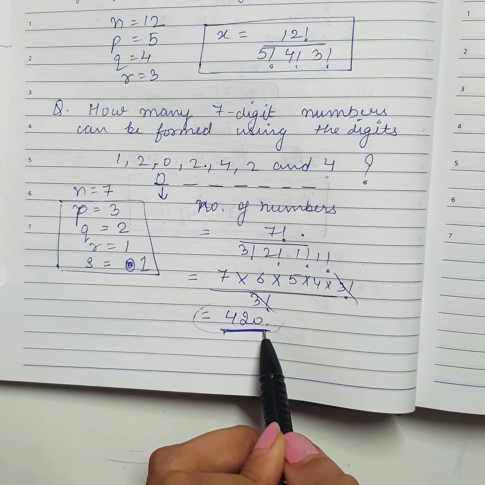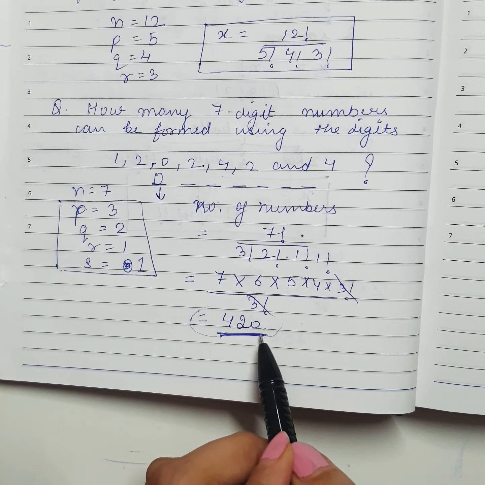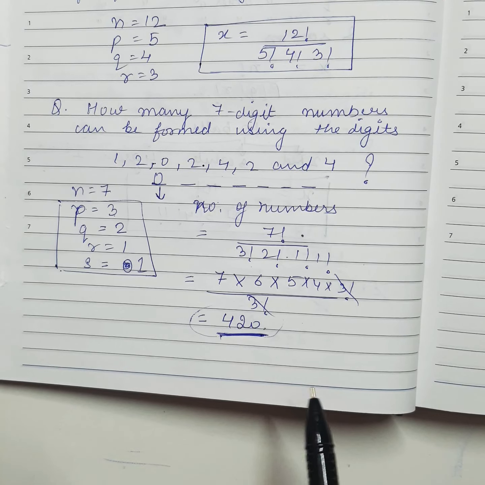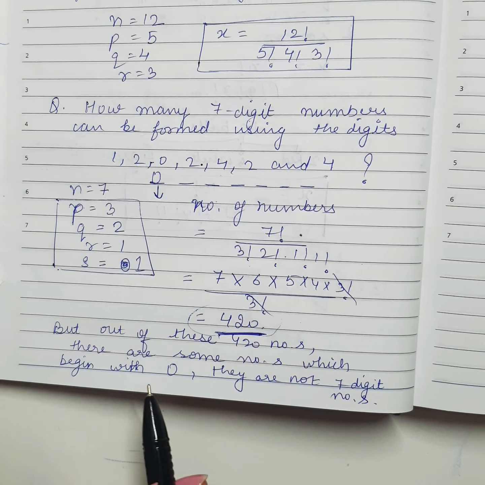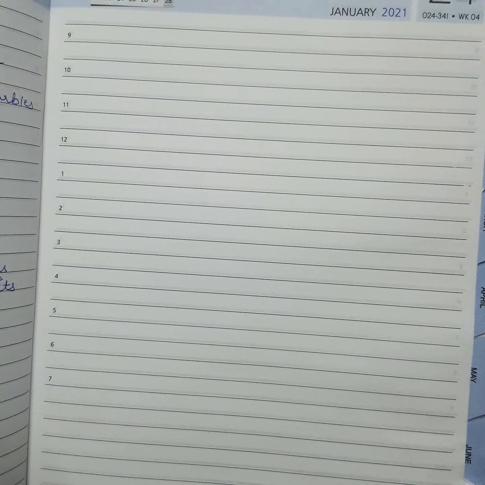So now let us remove all such numbers which are starting from 0. How are we going to do that? Let's see. Out of these 420 numbers, there are some numbers which begin with 0, and since clearly they are not 7-digit numbers, let us find those numbers.